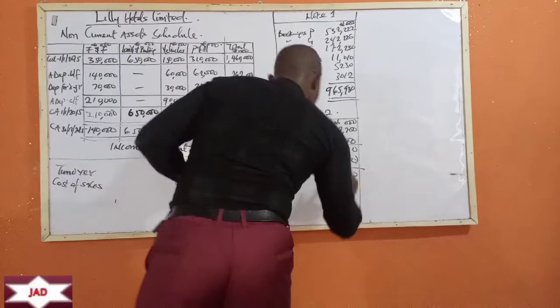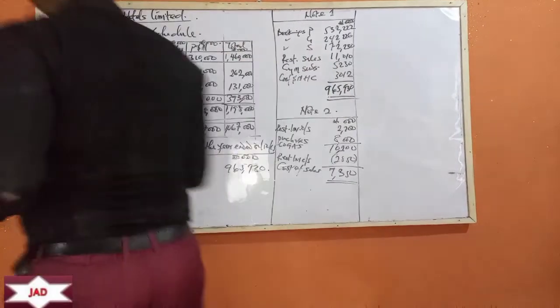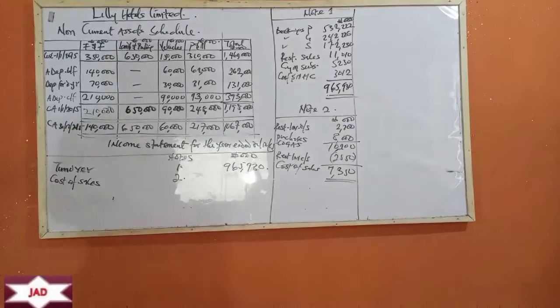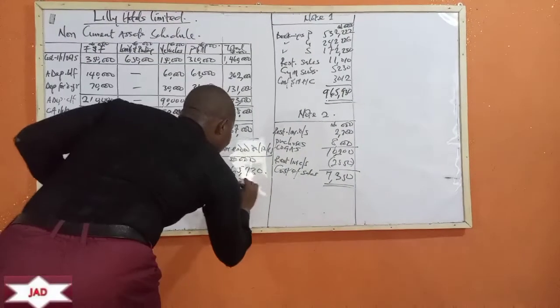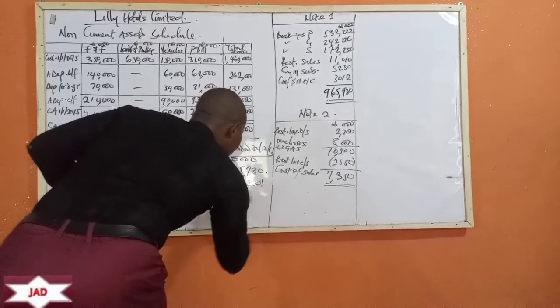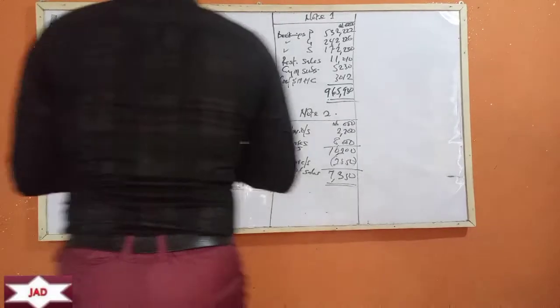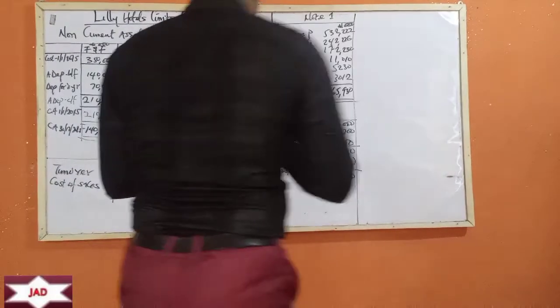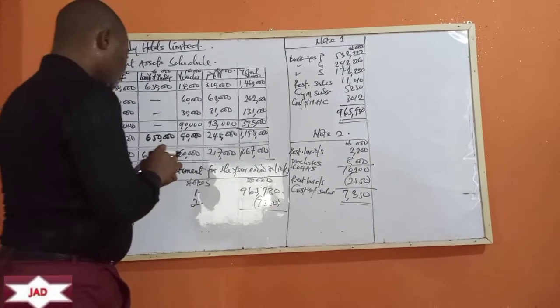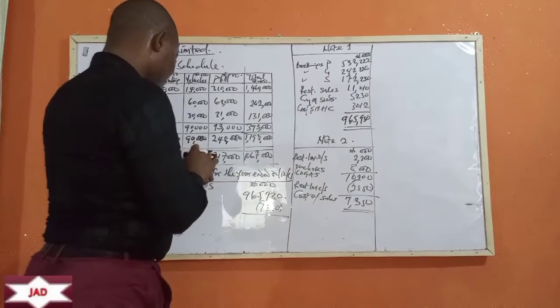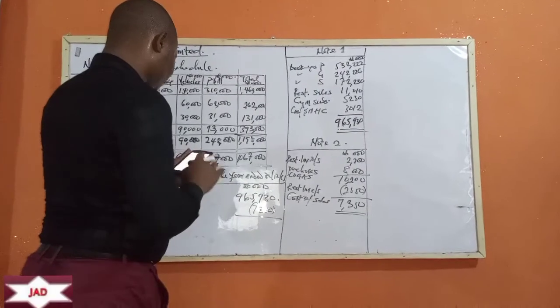So you have 7,350,000, right? So what do we have there? We have 965,930 minus 7,350,000.